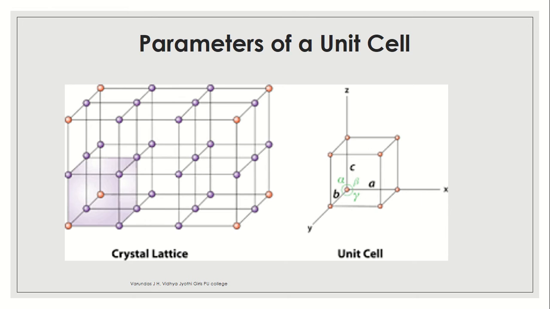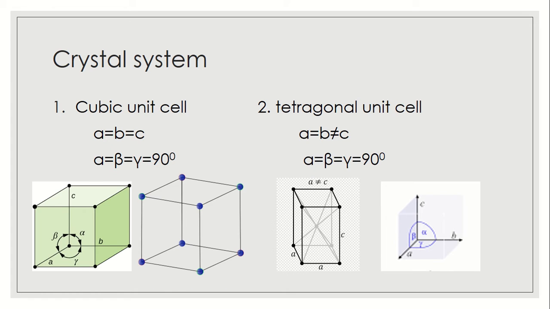There are 7 possible combinations of A, B, C and alpha, beta, gamma, forming 7 types of unit cells. These are also called crystal systems. The 7 possible combinations are as follows.